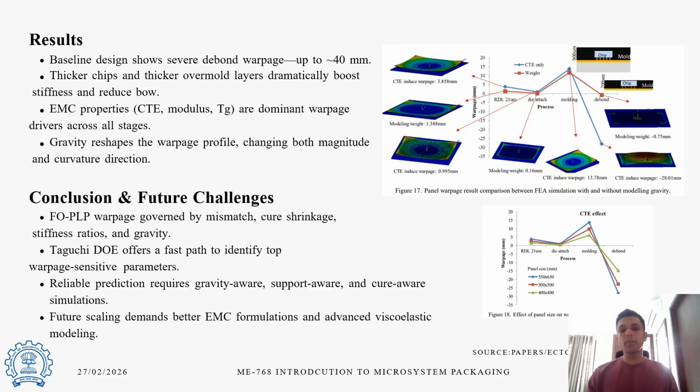And future scaling demands better EMC formulation, which considers the viscoelastic behavior of the EMC compound, which is missed out in this paper. So in the coming slides, my friends will be explaining some of the papers where this has been considered and how it is affecting the warpage in our panel-level packaging.